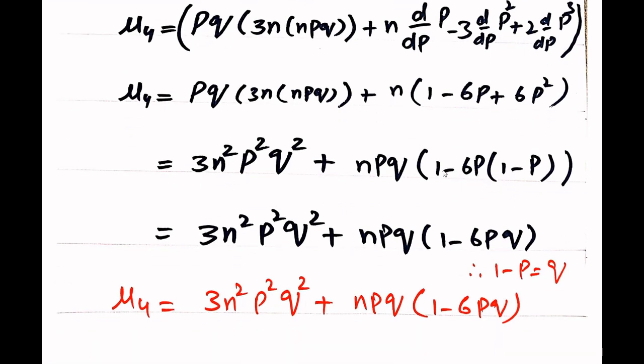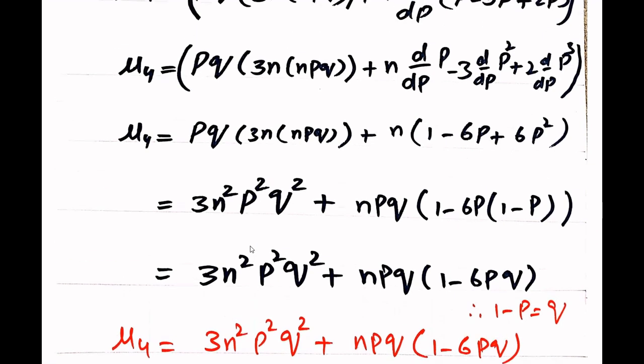So 1 minus, take this minus 6p common outside, we are left with 1 minus p. So npq into 1 minus, we are left with 1 minus 6pq, because 1 minus p is equal to q, we are left here with q into 1 minus 6pq. So our answer is 3 n square p square q square plus npq into 1 minus 6pq.